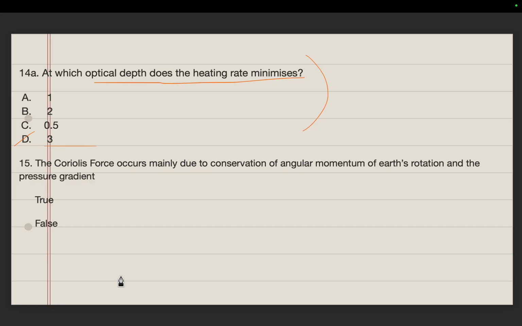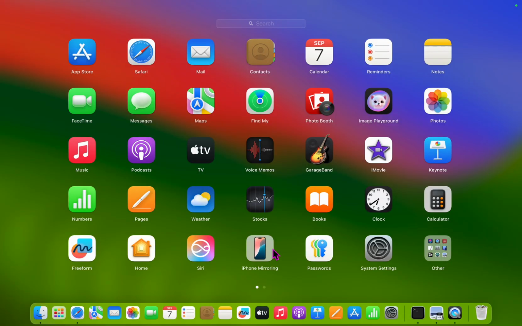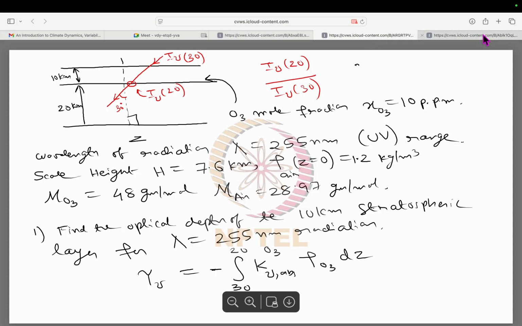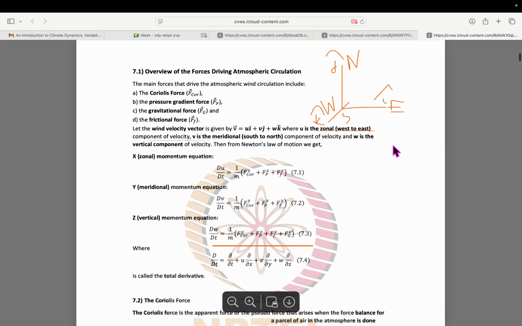Now, can we explain the effect of the Coriolis force? In this lecture itself, it has been explained.